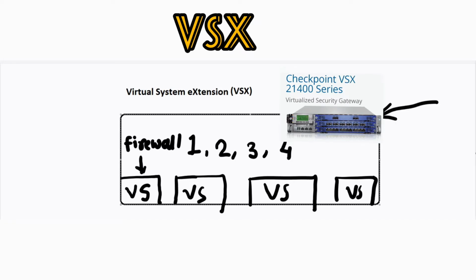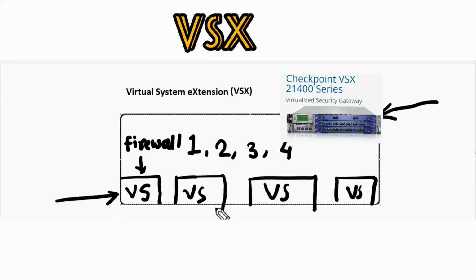When a packet arrives at the VSX gateway, it sends that packet to the respective virtual system protecting the destination network.